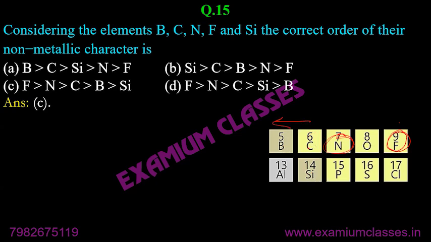It is decreasing in this direction also, it is decreasing in this direction also, in both cases. Up to carbon, it is fine. Fluorine, nitrogen, carbon, it is decreasing. But when we are at carbon, down the group it decreases, and towards left also it decreases. So which one will have less non-metallic character, boron or silicon?